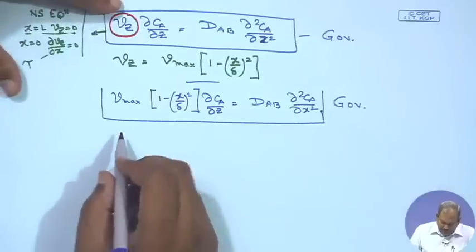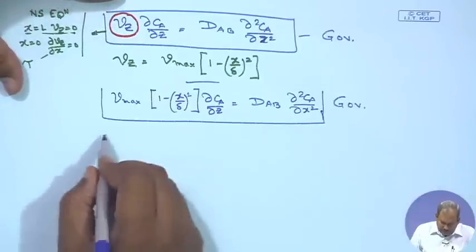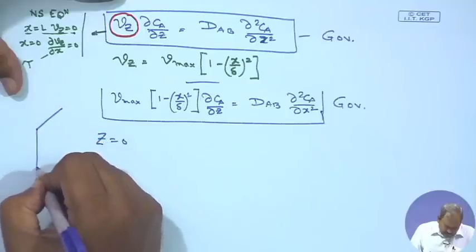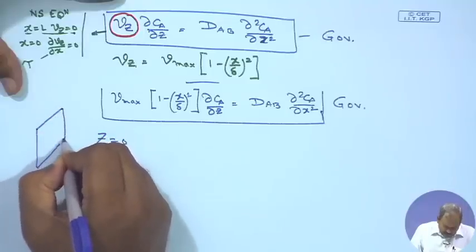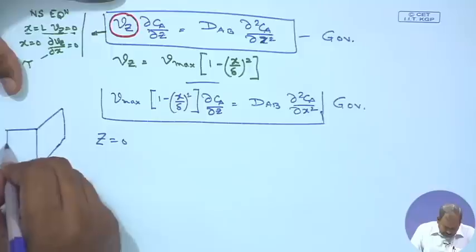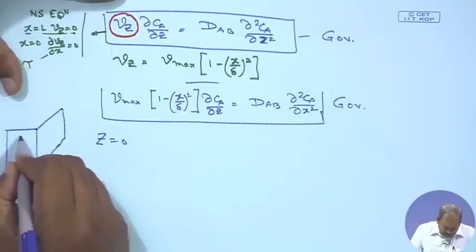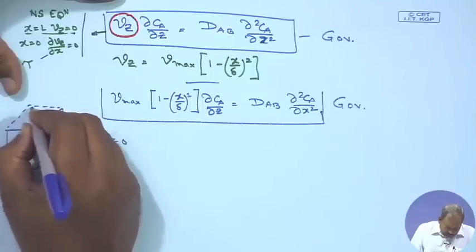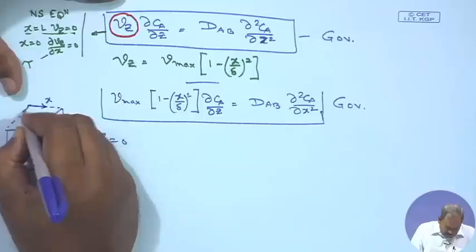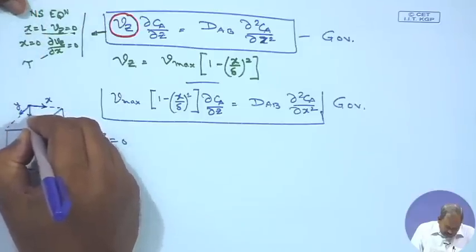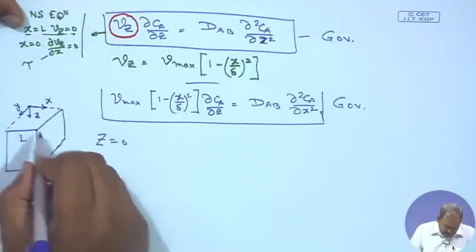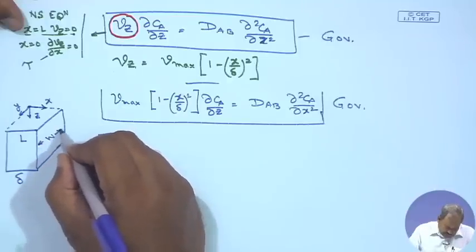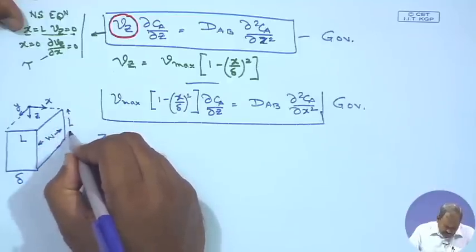So, the boundary conditions which are required here: at z equals 0, this was the figure. This is the wall, and you have the film of liquid which is falling. So, this is your liquid, and this is x, y and z, the same figure that I have drawn over here. This is delta, this is w, and this is L. Okay.